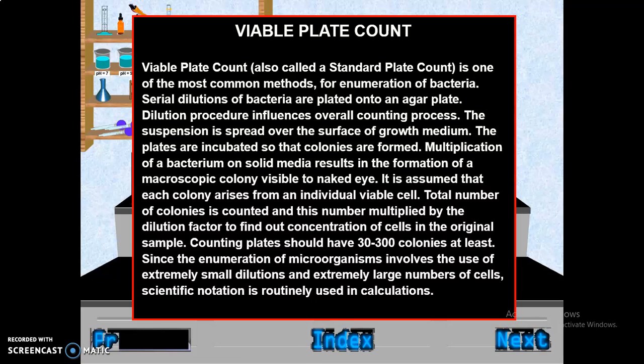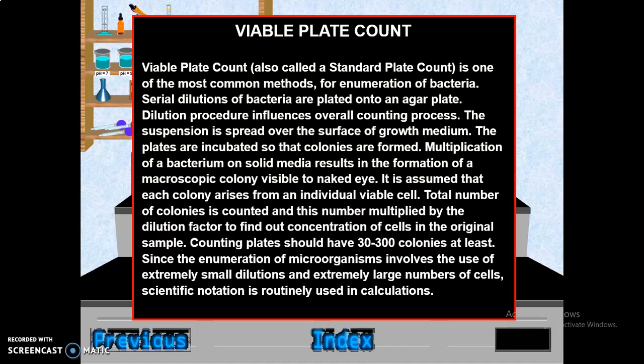Viable plate count is one of the most common methods for enumeration of bacteria. Serial dilutions of bacteria are placed onto an agar plate. The dilution procedure influences the overall counting process. The suspension is spread over the surface of the growth medium.